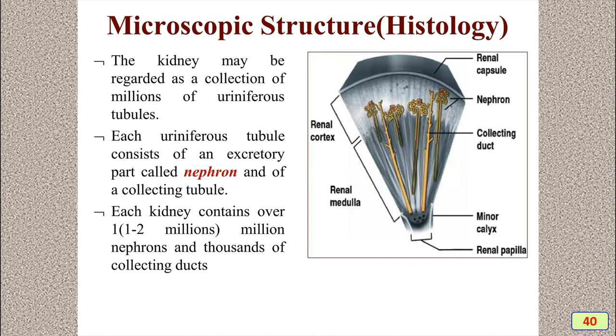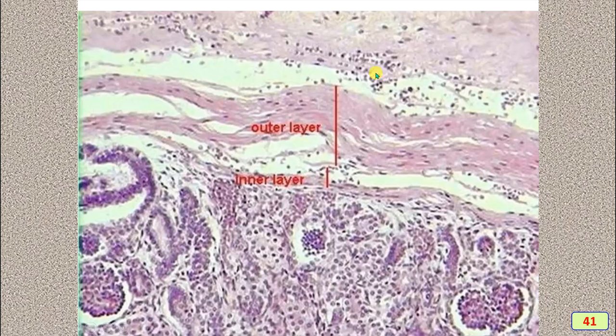Each kidney contains about 1 to 2 million nephrons and thousands of collecting ducts, the big collecting ducts. The outer cortex is like this, the Bowman's capsule is stained very specifically, and the inner layers can also be seen.